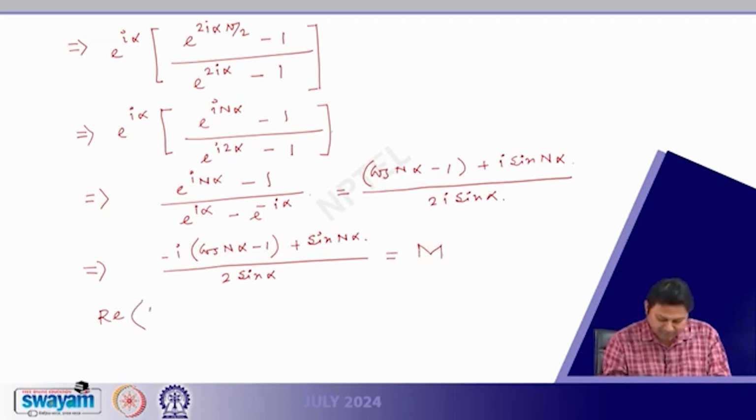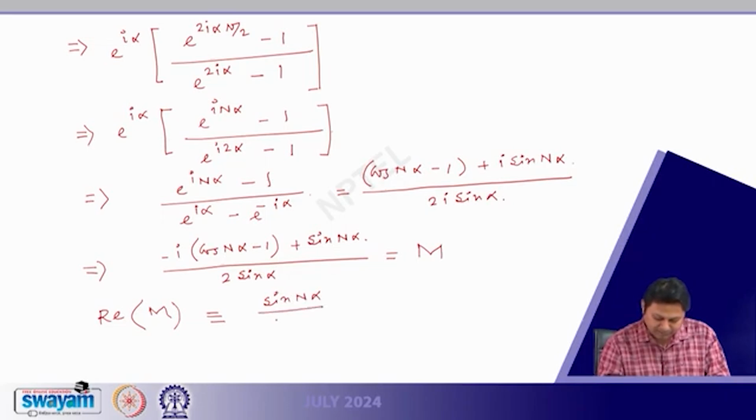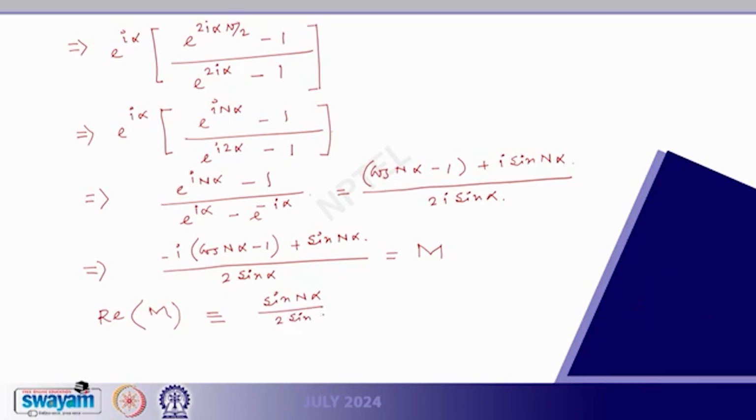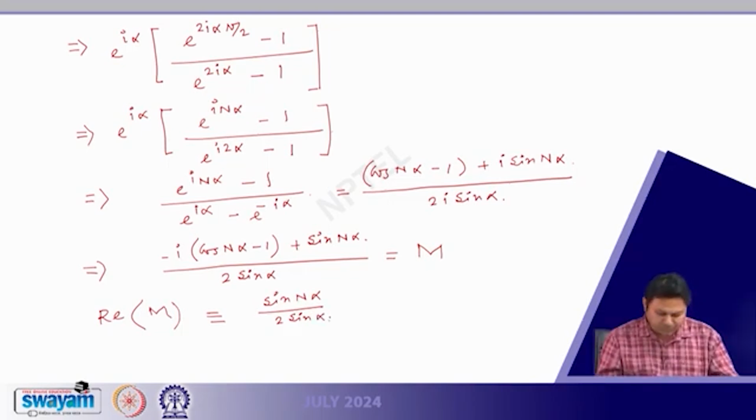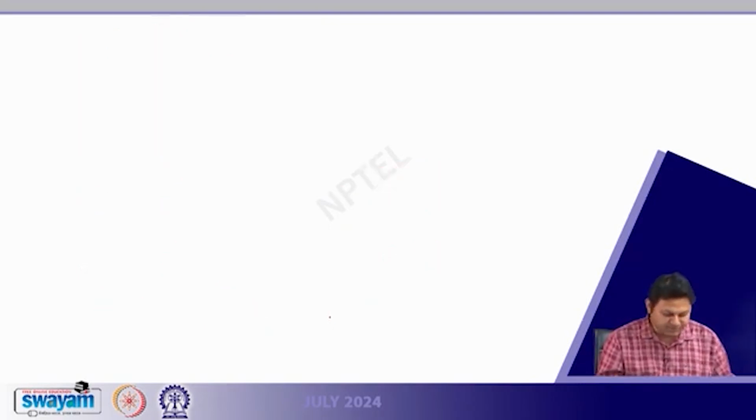So, real part of m is simply equivalent to, from the expression it is straightforward, it is sin n alpha divided by 2 of sin alpha. So, once we have the real part, we are almost there.